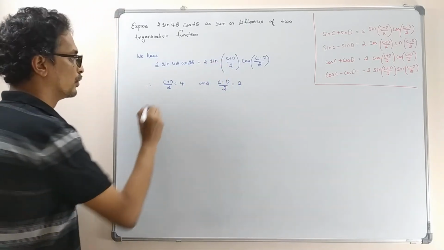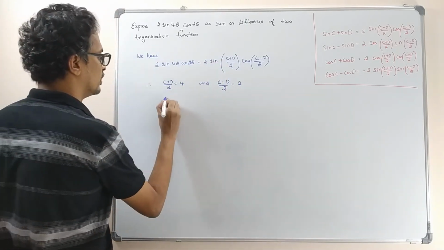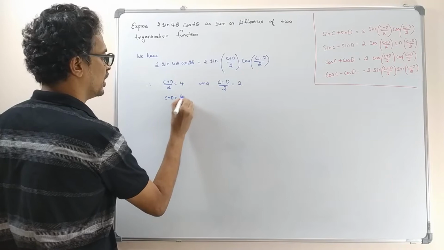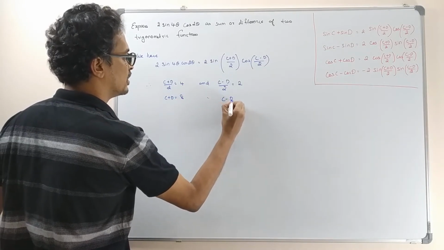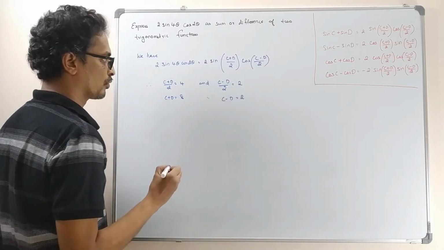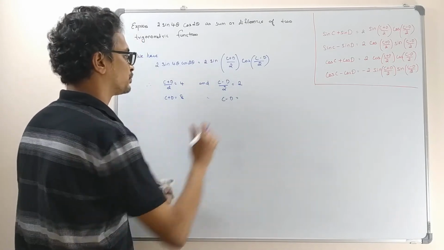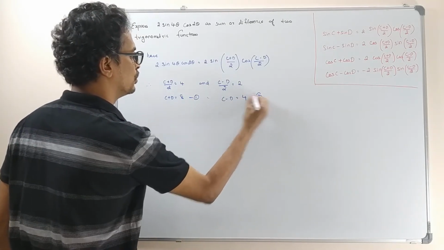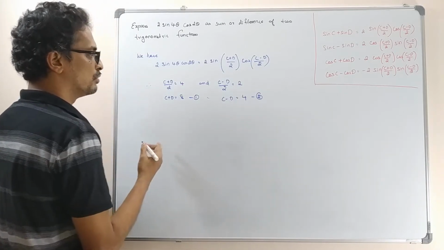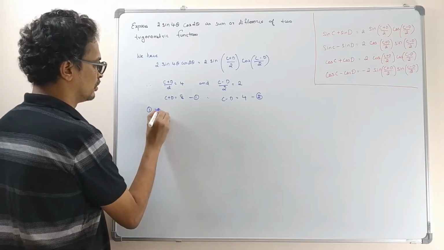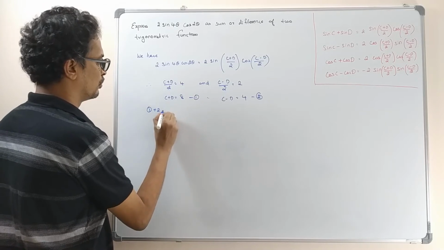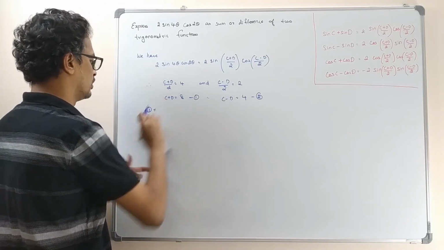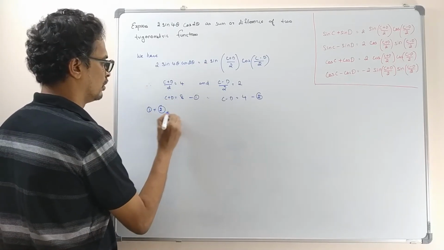So c plus d equal to how much? c plus d equal to 8 and c minus d equal to 4. Let me call it 1 and let me call it 2. If I add 1 plus 2, what happened? 2c equal to 12, so c equal to 6.